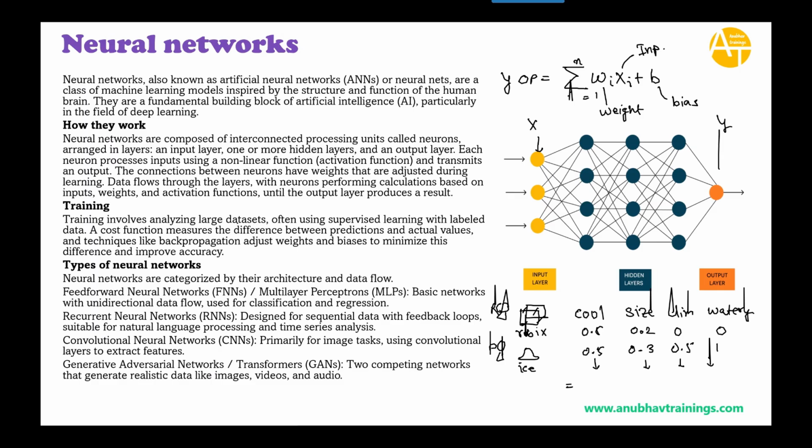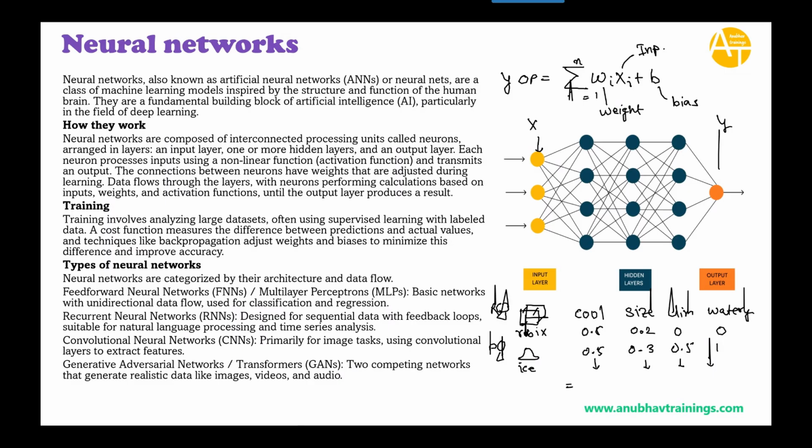Based on this data, you will train your neural network, often using supervised learning with labeled data first. Then a cost function measures the difference between predictions and actual values. Techniques like backpropagation adjust the weights and biases to minimize these differences and improve accuracy.